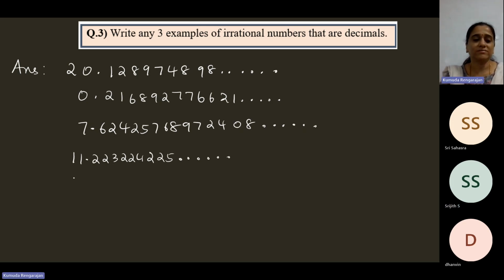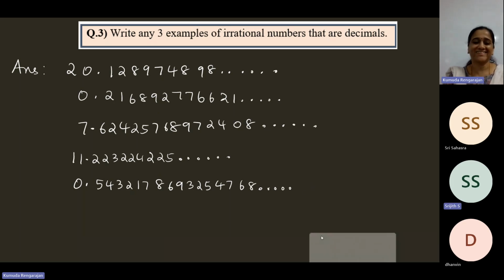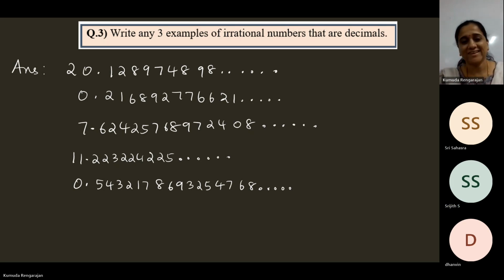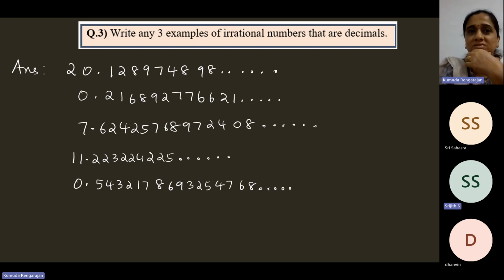Or you can write, stop. No, that's it, that's it. Okay. So non-terminating, non-repeating decimals are irrational numbers.